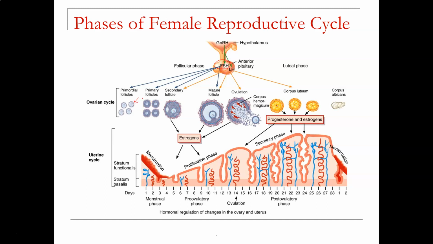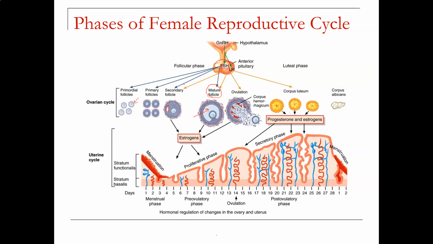Initially there's just one layer, then they start to divide in the primary follicle, and then in the secondary follicle you start to see cavities form within, and then usually just one secondary follicle is selected to become the mature Graafian follicle, and the cavities coalesce into a huge cavity inside. And the significance of the mature follicle, Graafian follicle, is that it is the egg that's going to be ovulated that cycle.